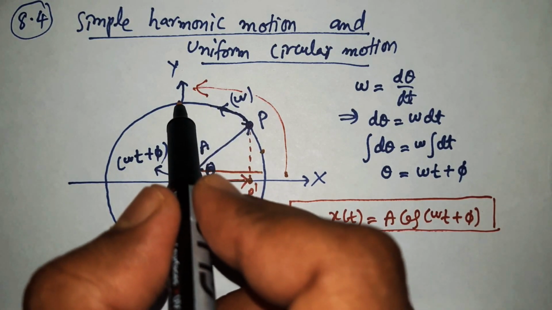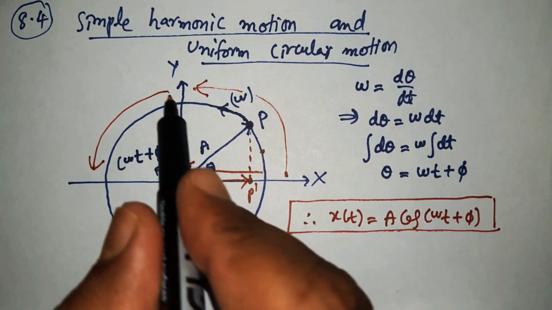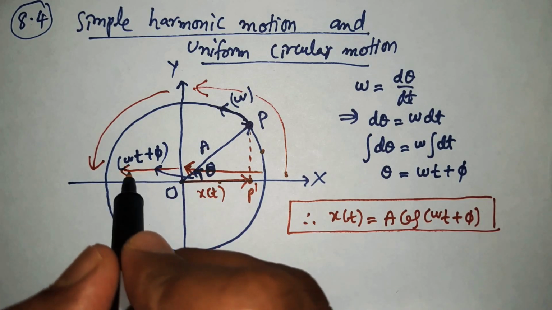If particle P moves from here to here, its projection P dash moves from here to here.